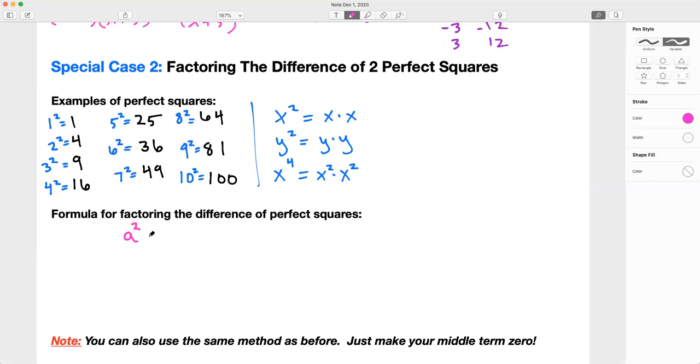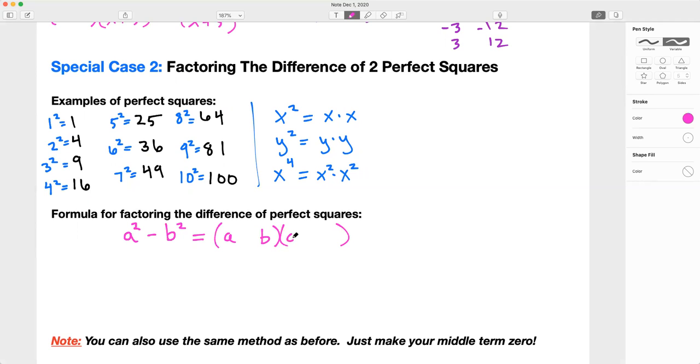You have one perfect square, let's just call it a squared minus b squared, okay? Plug anything in you want for a and for b. Could be a variable, could be 2 or 3 or whatever. But the way to factor this is the following. It factors into a plus b times a minus b.